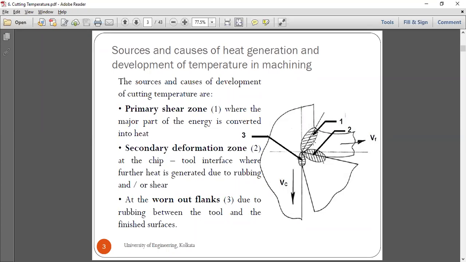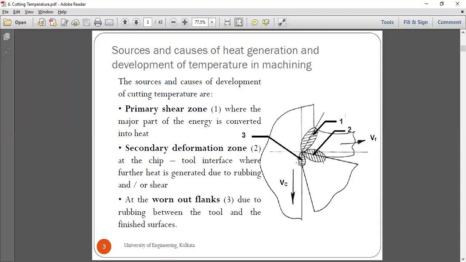In the primary shear zone also, some amount of heat is generated at the chip end as well as at the workpiece end, that is the unmachined surface. The unmachined surface anyway will be removed in the form of chip. Only some amount of heat is retained at the workpiece end and at the flank surfaces, that is the worn out flanks, due to the rubbing action of the tool and the finished surface.